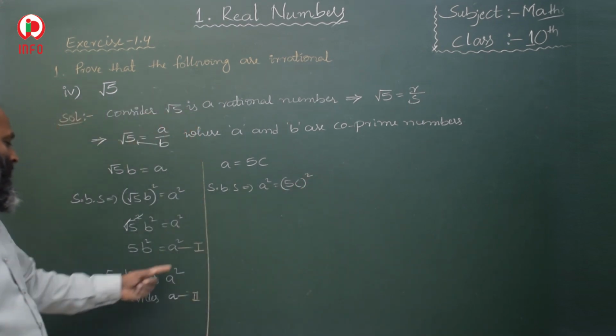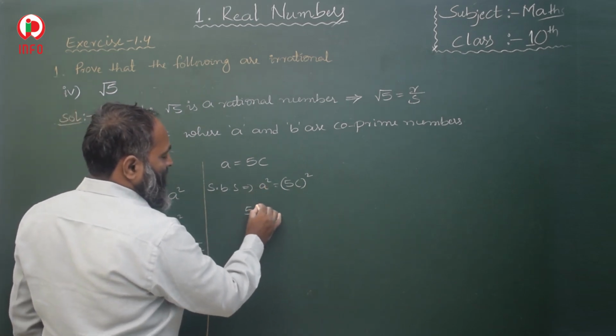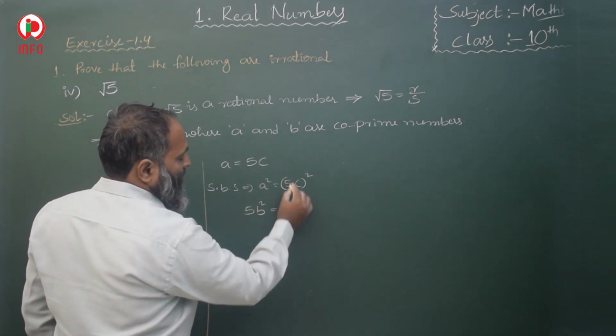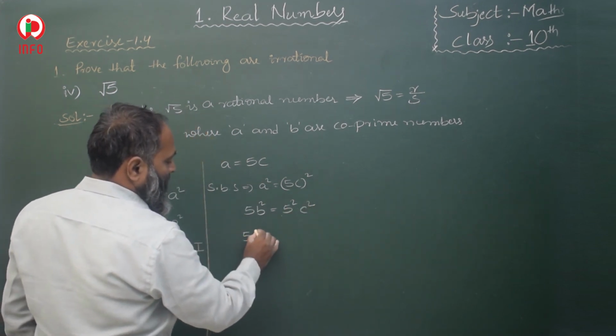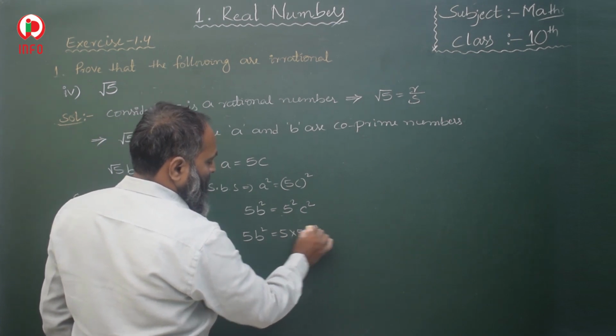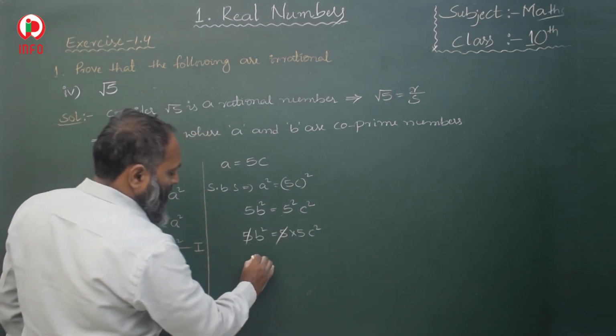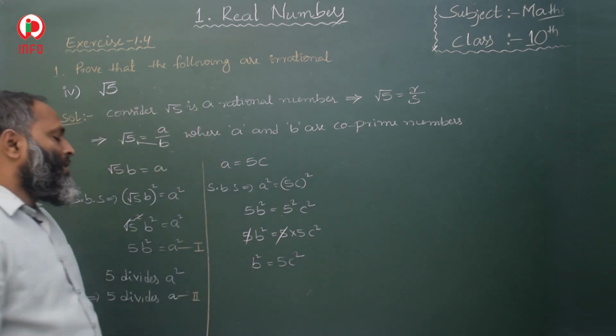Now a square is equal to 5 b square, so 5 b square is equal to 5 square and c square. 5 square means 5 into 5, one 5 will get cancelled, so b square is equal to 5 c square.